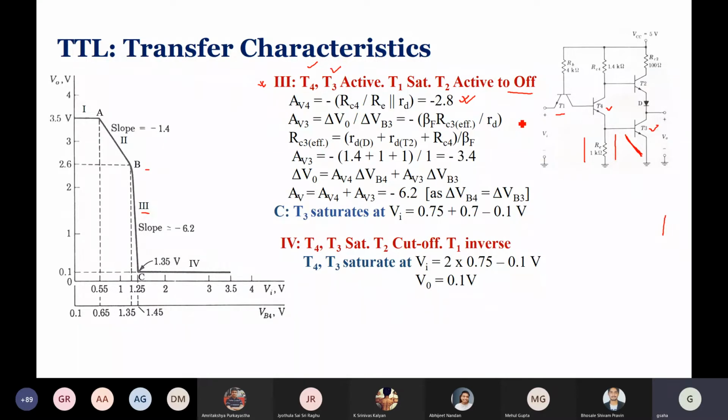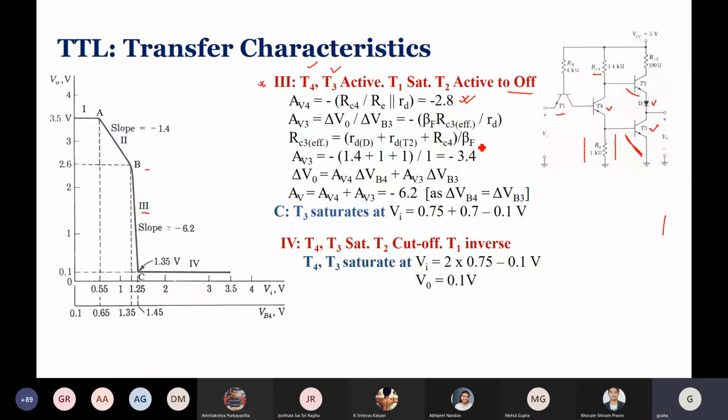For us, we are just employing that equation over here, and by RC3 effective, what we mean is the resistance, this RC4, this RD, and this RD of this T2. All of them are in series divided by the beta forward.